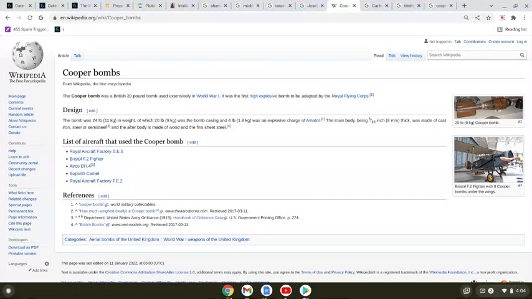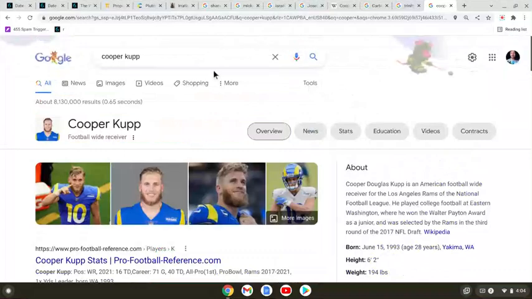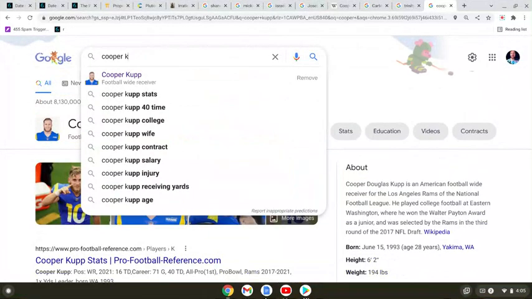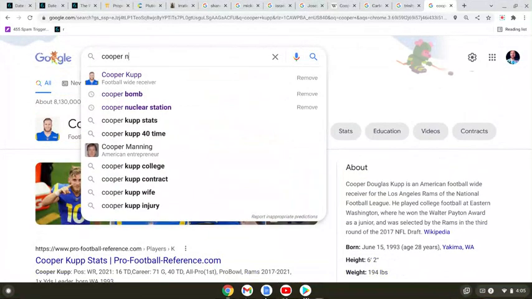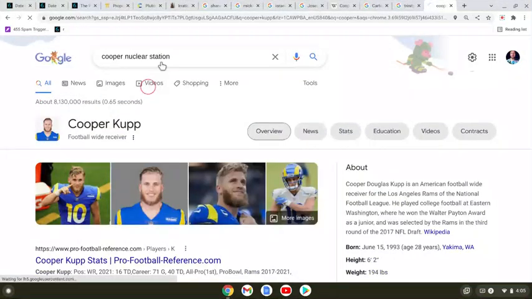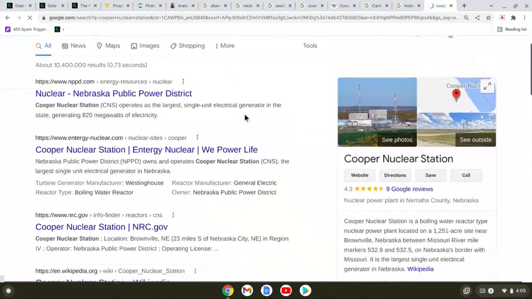Now let me blow your mind even more, okay? And that is going to be with the Cooper nuclear station. So let me just type that in, guys. It's called the Cooper nuclear station. And what are the chances, guys? Come on, what are the chances?